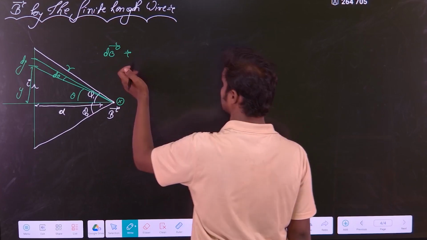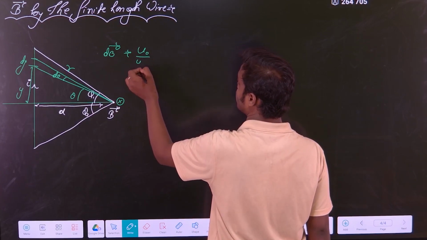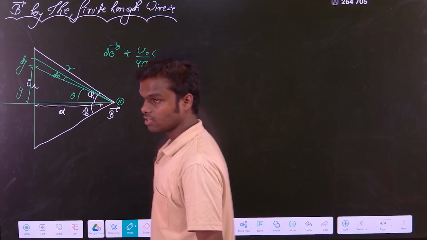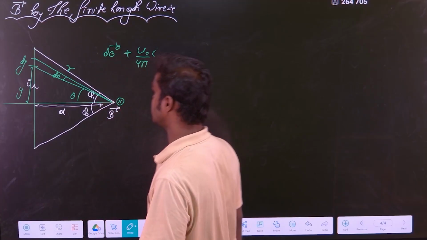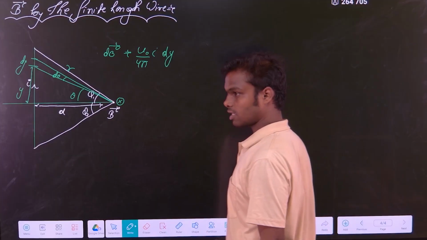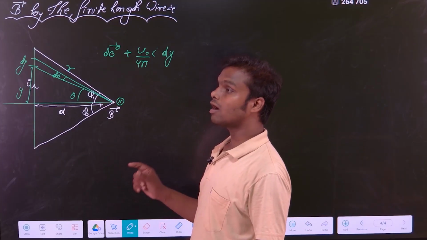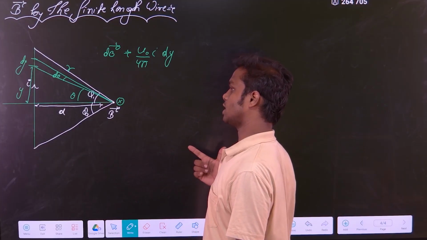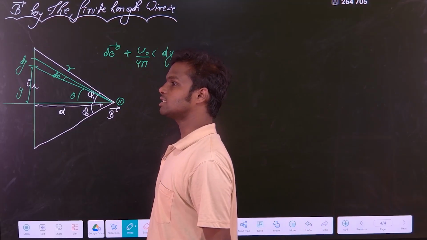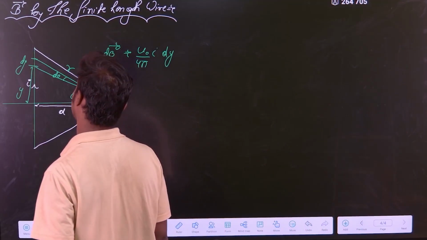So dB is equal to what? Mu naught upon 4 pi into I into dl, where dl is dy, into r, basically into sine theta. Theta is the angle between the r vector and the dl vector.